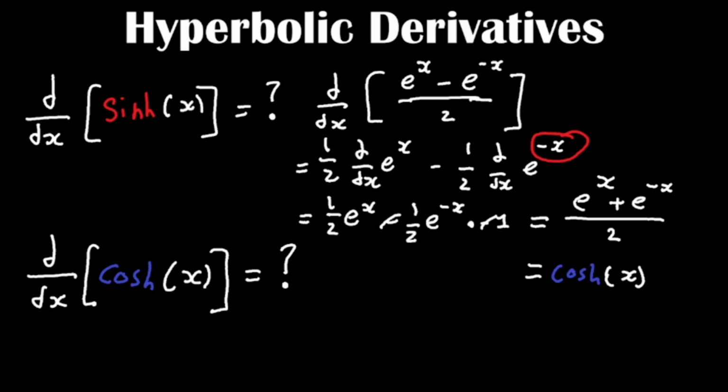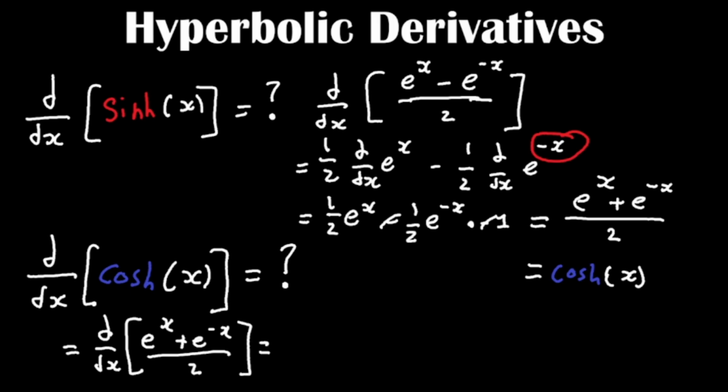Now, for the derivative of cosh of x, this is the derivative of e to the x plus e to the negative x over 2. So, similarly, this is going to be 1/2 the derivative of e to the x plus 1/2 the derivative of e to the negative x.